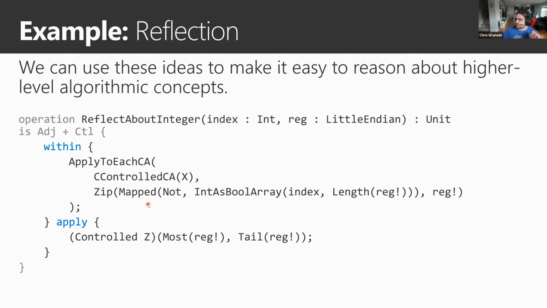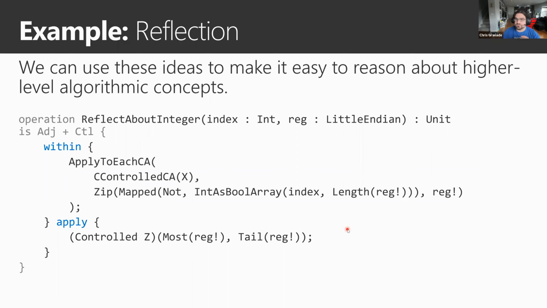And I can do that by mapping 0 onto an expansion of that index in terms of a Boolean array, and use that with a classically controlled X and apply to each. When I'm done with the reflection, the within apply block handles the adjoint part of that, undoes, and takes me back to where I was.